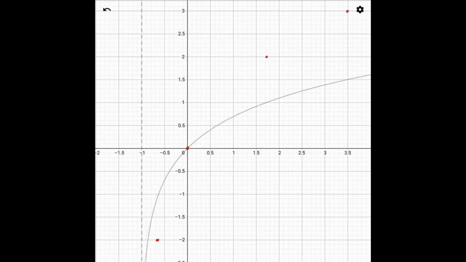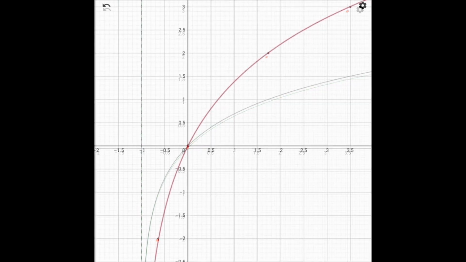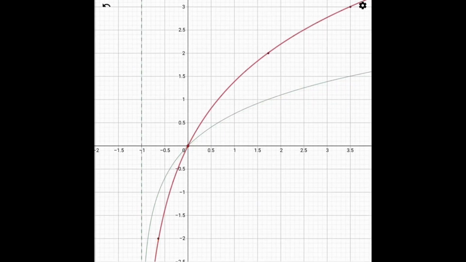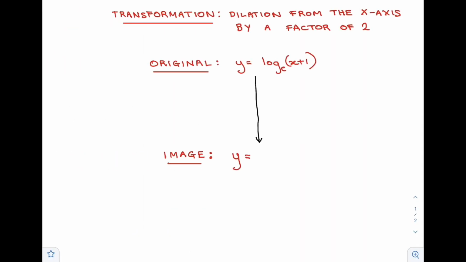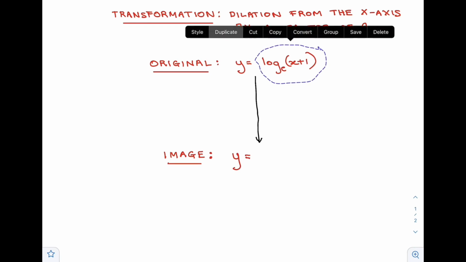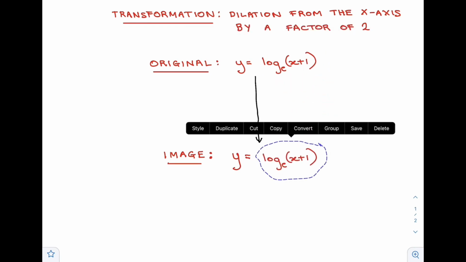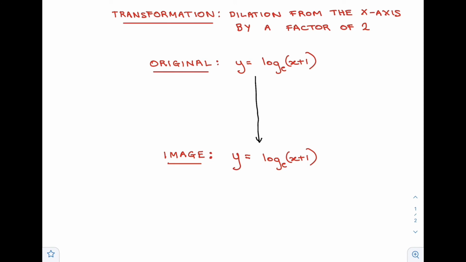So to find the image equation in this case, we will start with a form of the original equation with y as the subject. The image y's will be the same as the original y's multiplied by 2.